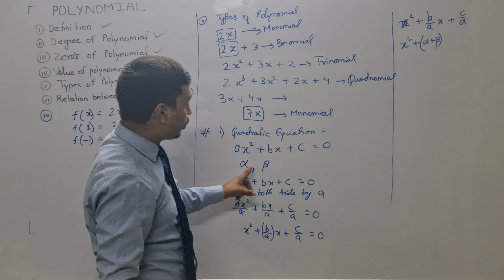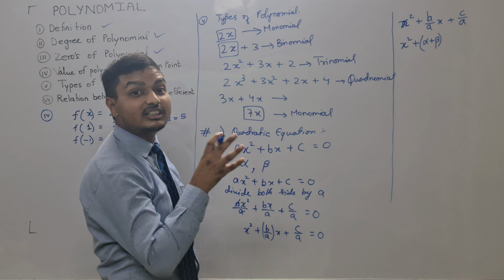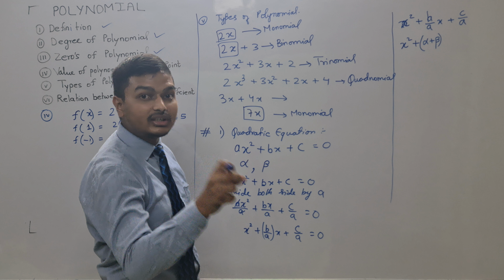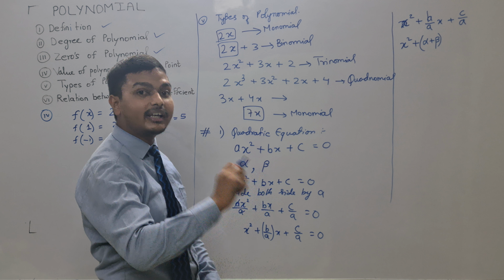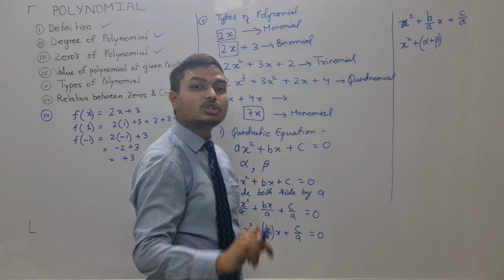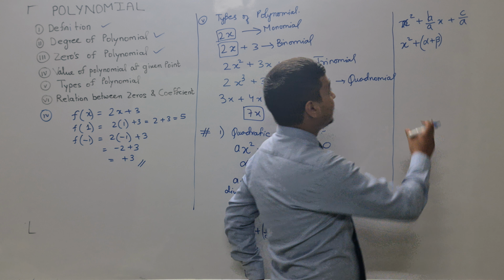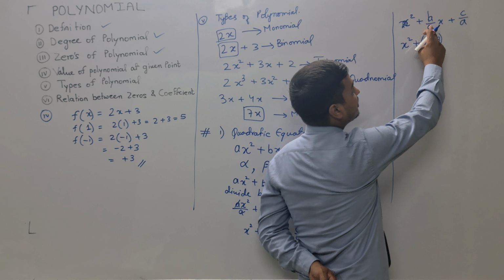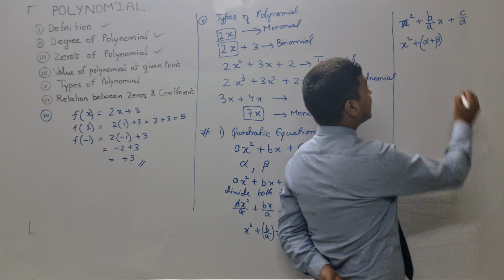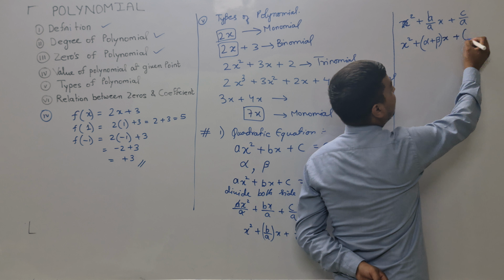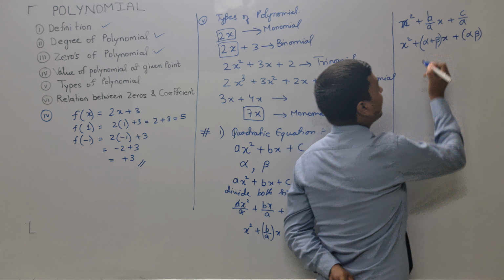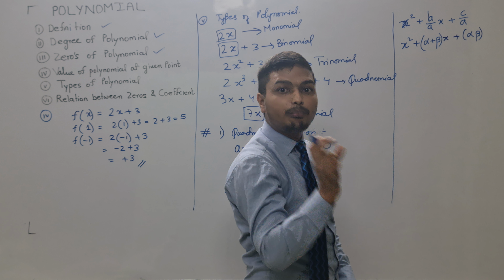They are the roots of this equation. Roots means zeros. Zeros means a value that, if I put in place of x, I get answer 0. Definitely we will solve problems in our next lecture. Till now you can understand x square, in place of b by a I can write alpha plus beta, that is a relation. X plus, in place of c by a I can write alpha into beta.